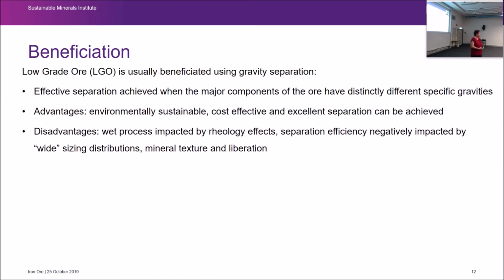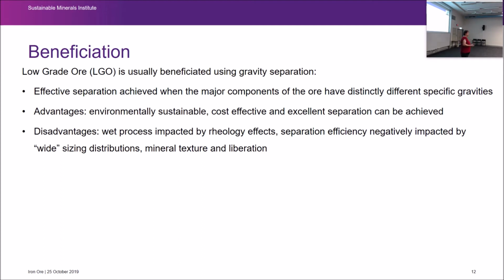Low-grade iron ore is usually beneficiated using gravity separation. That separation is achieved by the minerals that you're interested in, or the major components, having significantly different specific gravities. The advantages of this technique is that it's environmentally sustainable, economically pretty cheap to implement, and you can achieve really good separation.